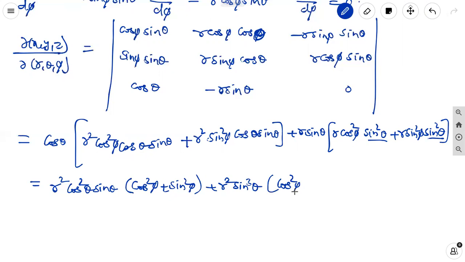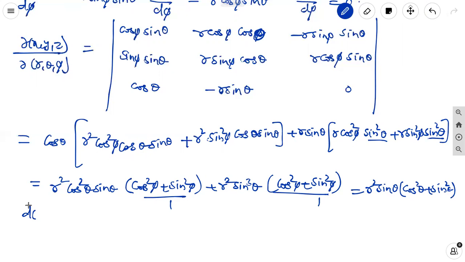The remaining are cos square phi plus sine square phi. These are 1. So again taking common r square sine theta, then it is cos square theta plus sine square theta. So dou of x comma y comma z by dou of r comma theta comma phi is equal to r square sine theta.